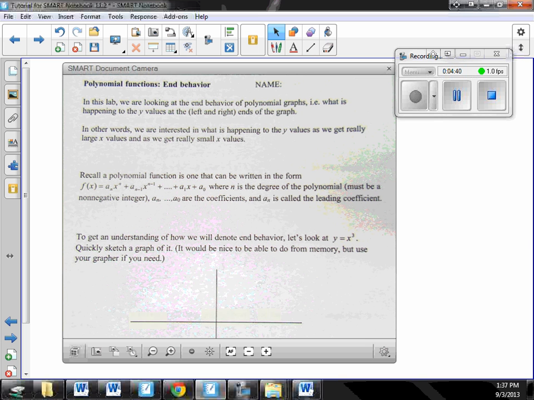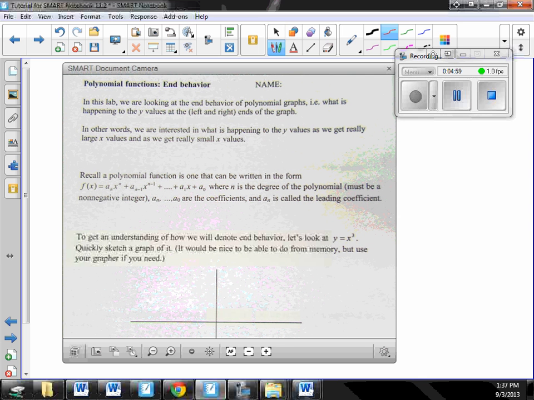And we're going to notice some patterns, and we'll be able to make some conclusions just by looking at the equations. In other words, we're interested in what is happening to the y values as we get really large x values and as we get really small x values. So basically, what's happening to the graph as I travel to the right, or what's happening to the graph as I travel to the left? Is it going up or is it going down?